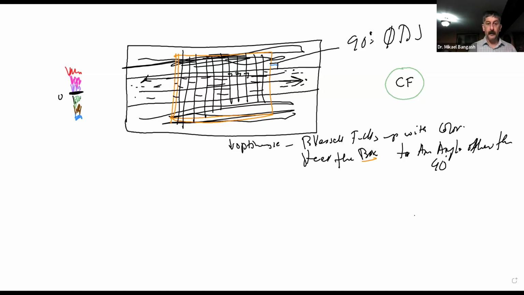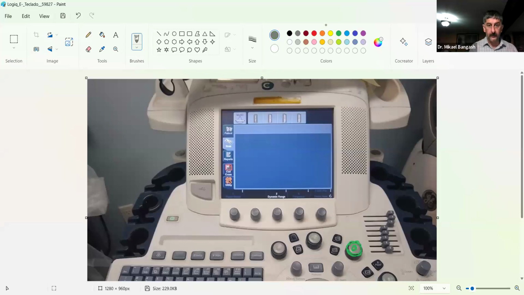So that means that for this, you will have a knob. Now, let's say that we have turned on our color flow. That's always going to be B mode, but since we have turned on the color flow as well, there's going to be a display screen or panel here for your color flow.